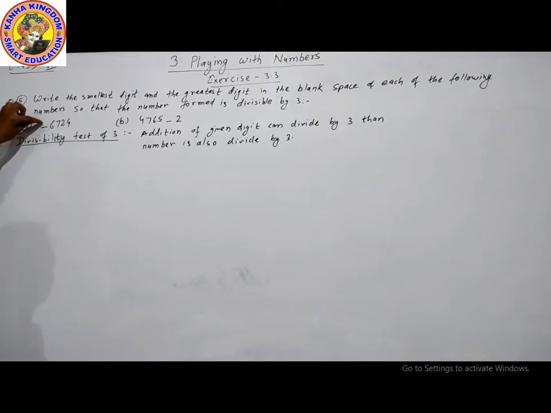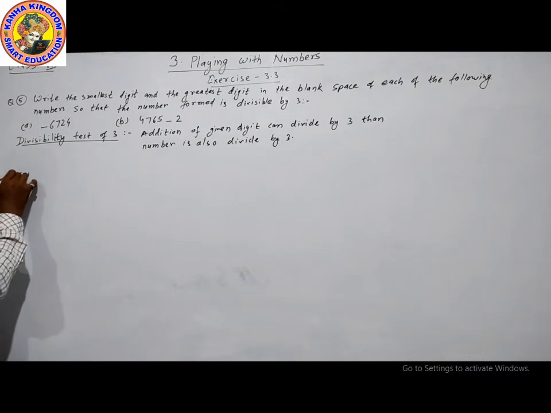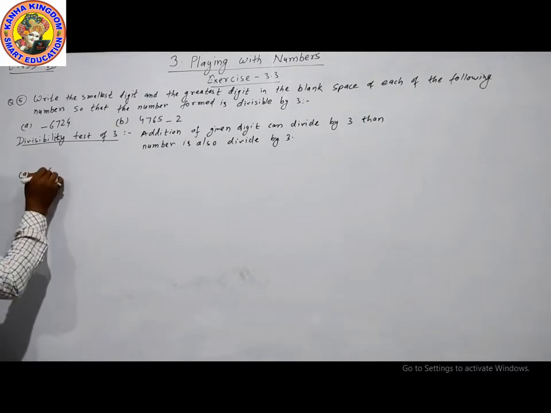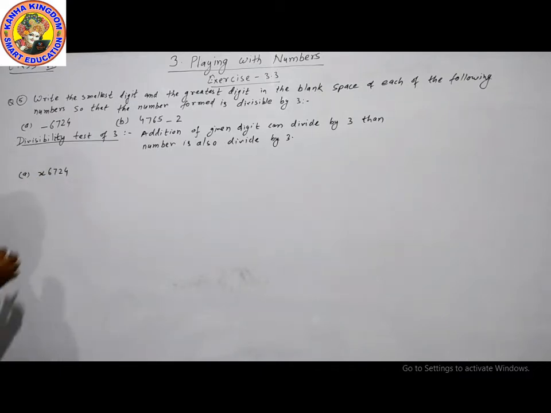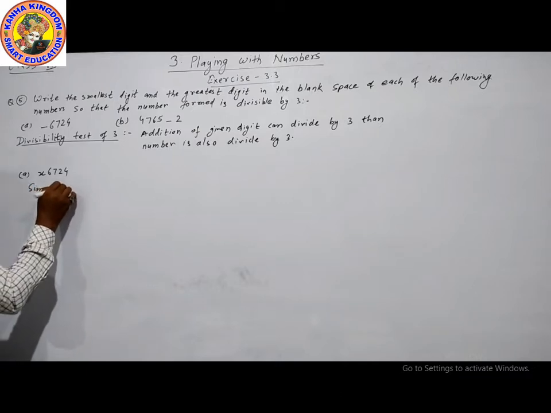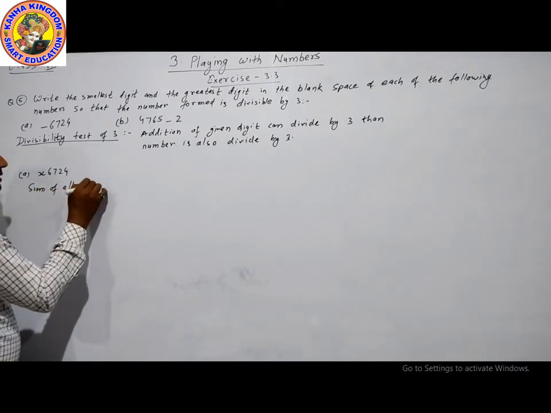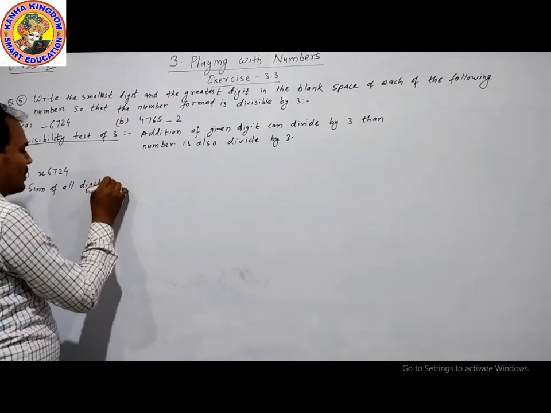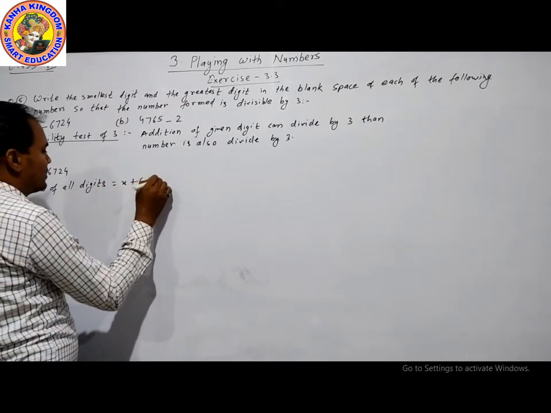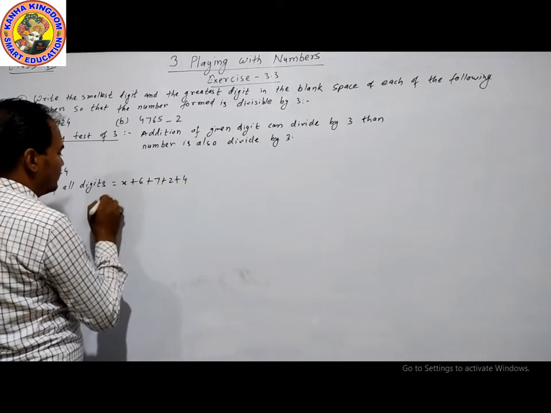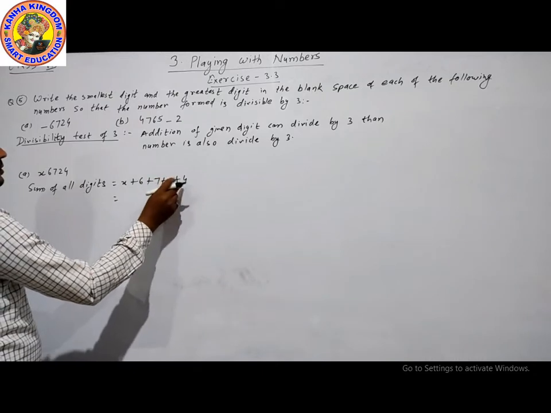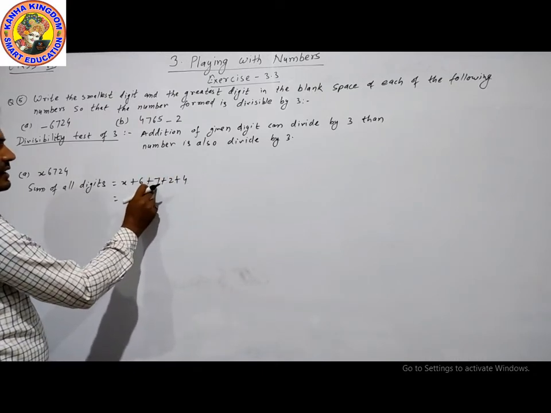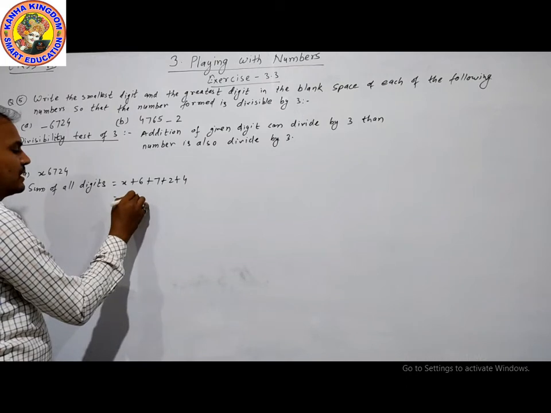Find the value. First of all, we put x in 6, 7, 2, 4. This is our number. Sum of all digits: x plus 6 plus 7 plus 2 plus 4. Then 2, 4, 6; 6 plus 7, 13; 13 plus 6, 19. So x plus 19.